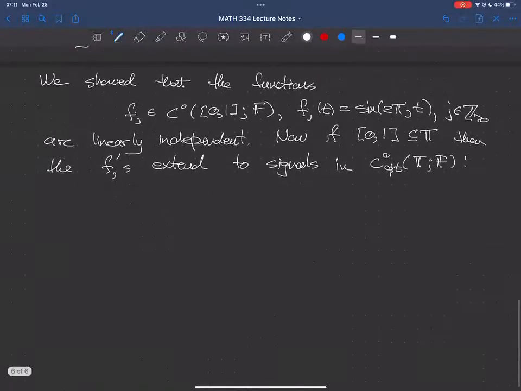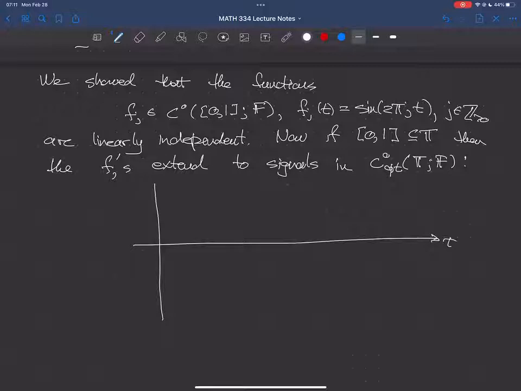Okay, and I'll illustrate that with a picture. So the picture is this. Here's, let's say, my time domain, that is T. And sitting inside T is the interval 0, 1.